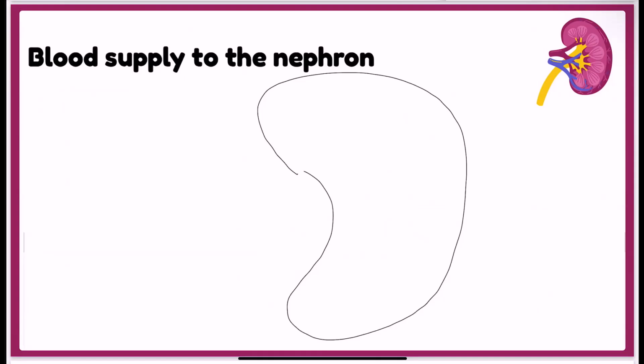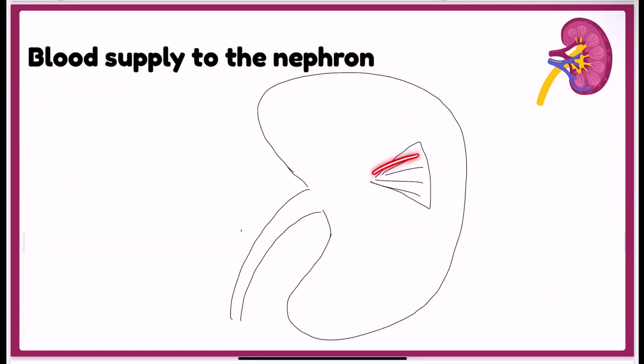And then we have our ureter coming off of it. There's our ureter, right? I'm just going to draw one renal pyramid for ease. There's my one renal pyramid. And remember the renal pyramids look striped, and they look striped because down each of those stripes are collecting ducts.